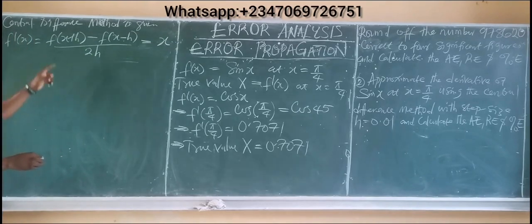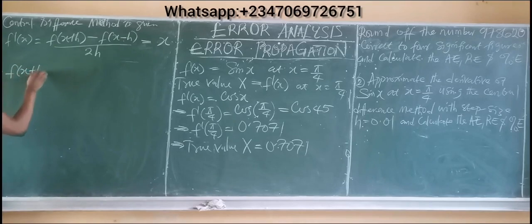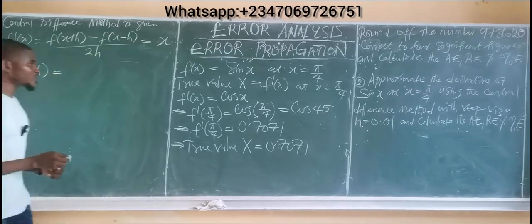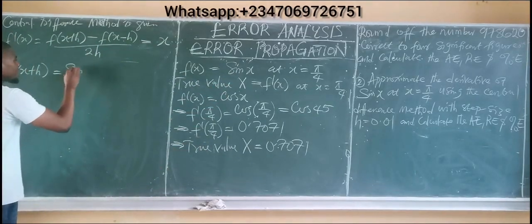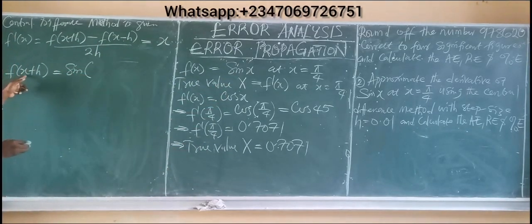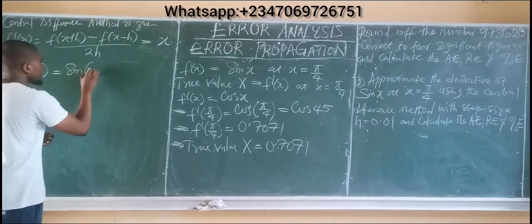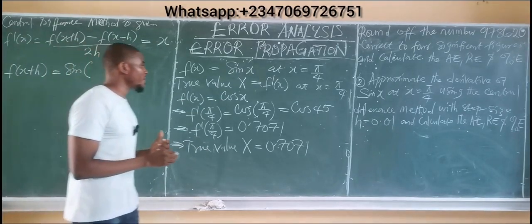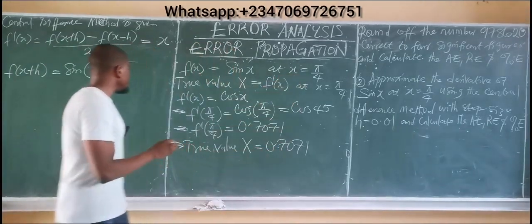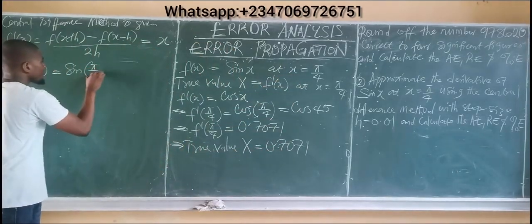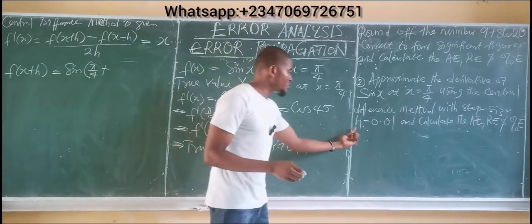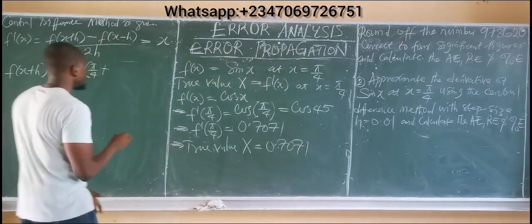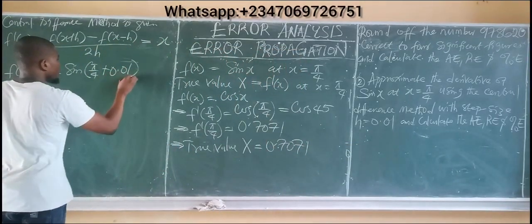So we need to find f of x plus h. The function itself, remember, is sine x, so that becomes sine of x, where we are increasing x by h. X was given to us as pi over 4, so you have pi over 4 plus h, and h was given in the question as the step size, 0.01. Recall that pi over 4 is 45, which is 180 divided by 4.